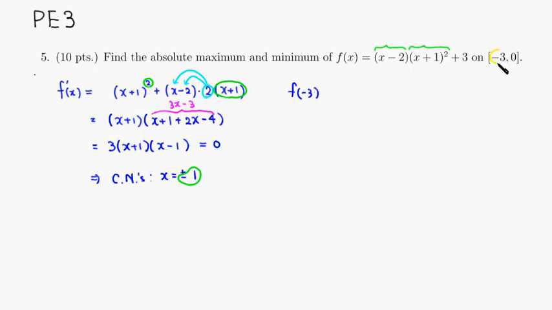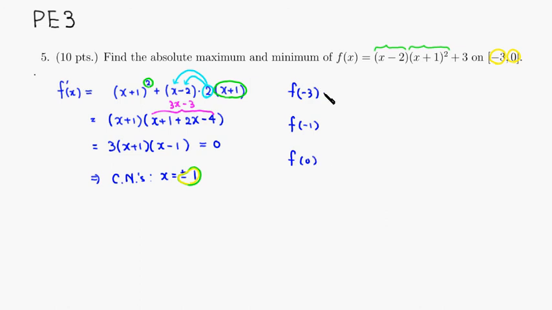There's the left-hand point, and the critical number is right here, -1, so we have to look at f of -1. Also the right-hand point, which is 0, so compute f of 0.